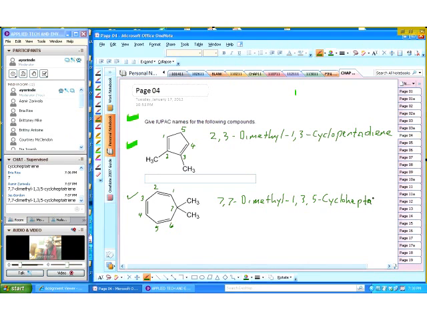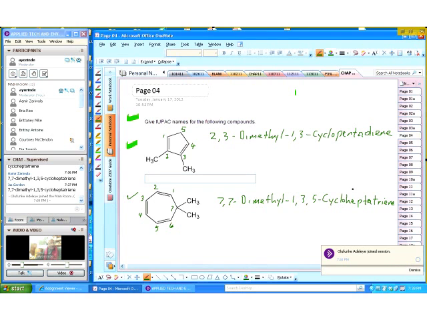Now, because we have 3 double bonds, we say triene. So you guys still remember what we did last semester. Very good. Let us move on.